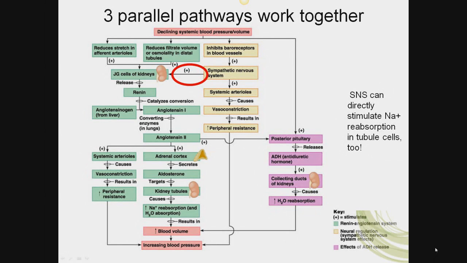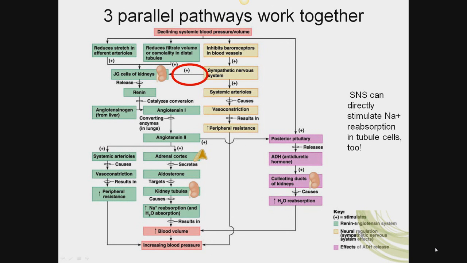Next, a declining blood volume and pressure will mean that we're going to have a decrease in stretch detected by the juxtaglomerular cells of the juxtaglomerular apparatus. We're going to get an increase in renin, and renin will cut angiotensinogen into angiotensin 1, and angiotensin 1 will be converted into angiotensin 2 thanks to ACE.